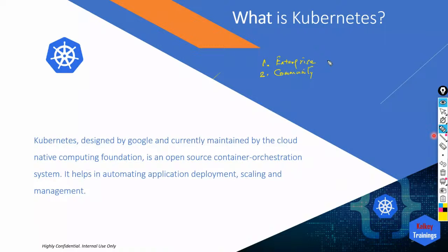So this is licensed. Whenever you are commercially releasing any software in the market, then you cannot do it over the community version. That is the only restriction.